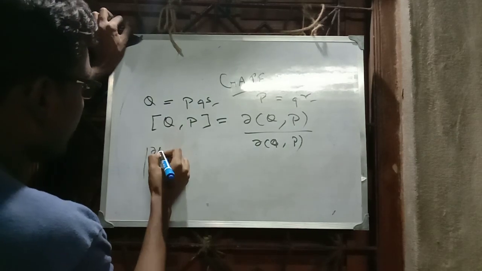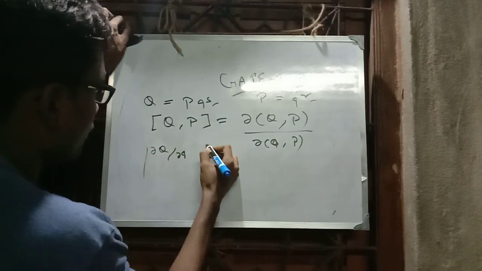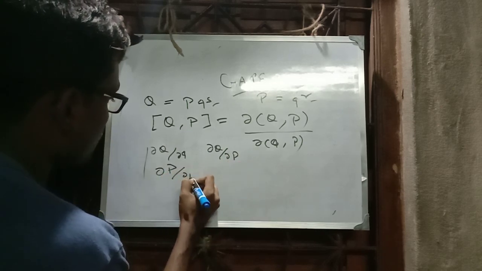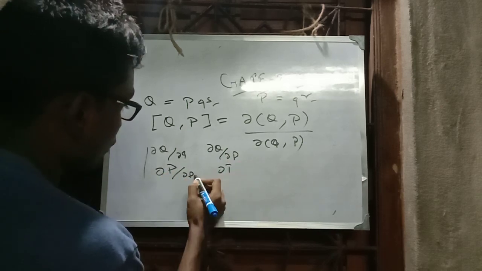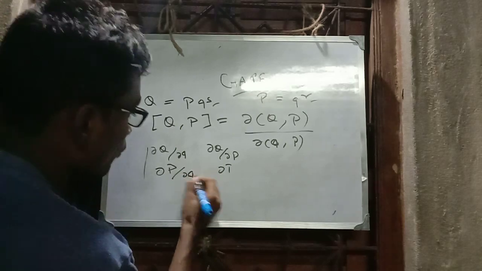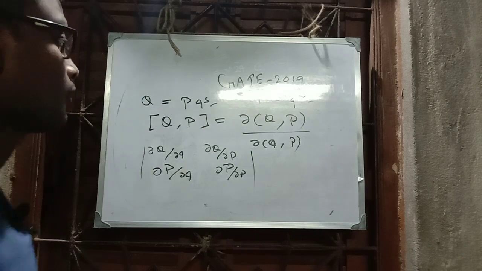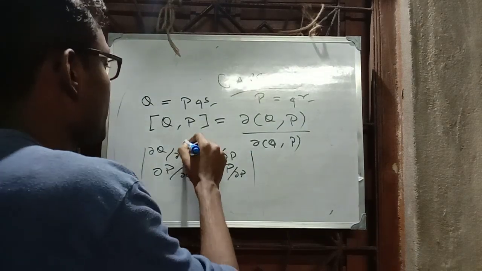So this is the Jacobian of (Q, P) with respect to (q, p): ∂Q/∂q, ∂Q/∂p, ∂P/∂q, and ∂P/∂p. I have to find the values of these.